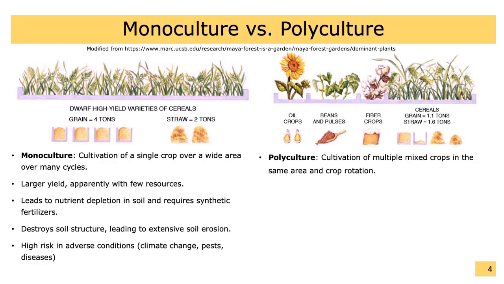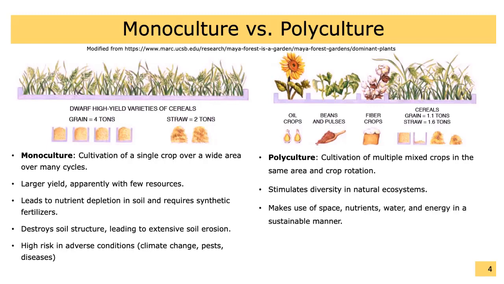Polyculture. When we cultivate multiple mixed crops in the same area and do crop rotation, that process is called polyculture. Polyculture helps stimulate diversity in natural ecosystems.